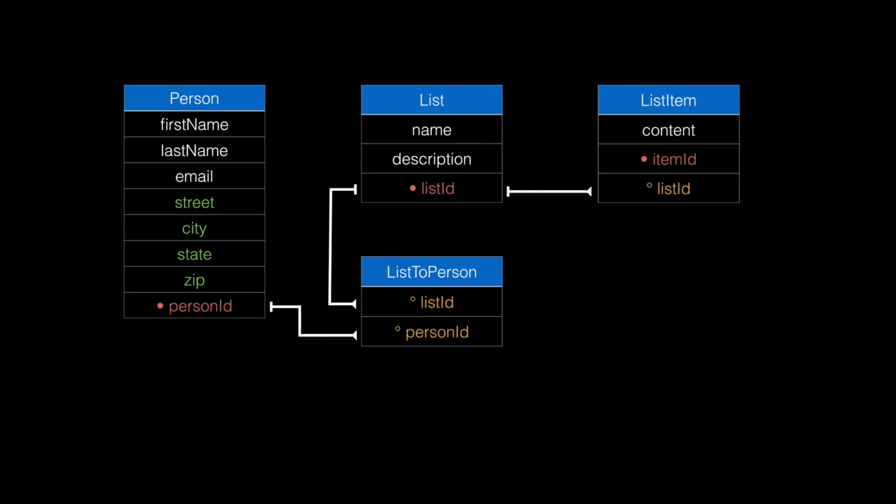Likewise, we would not want to have on the person entity a whole bunch of fields that allow it to be related to one or more lists. Instead, we need a lookup table that fits between them. In the lookup table, we simply pair two foreign keys, the list ID and the person to whom it belongs.